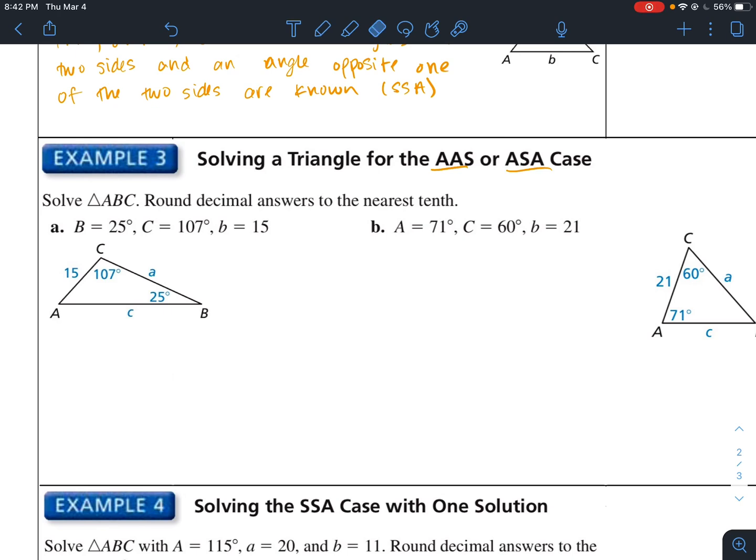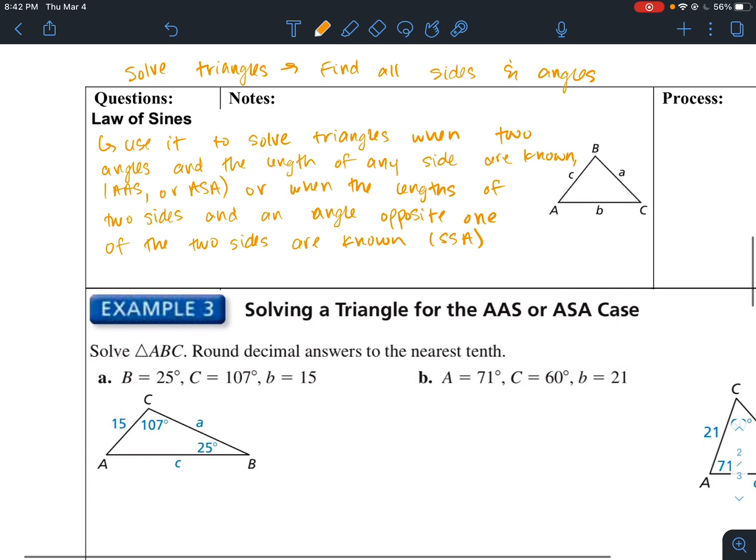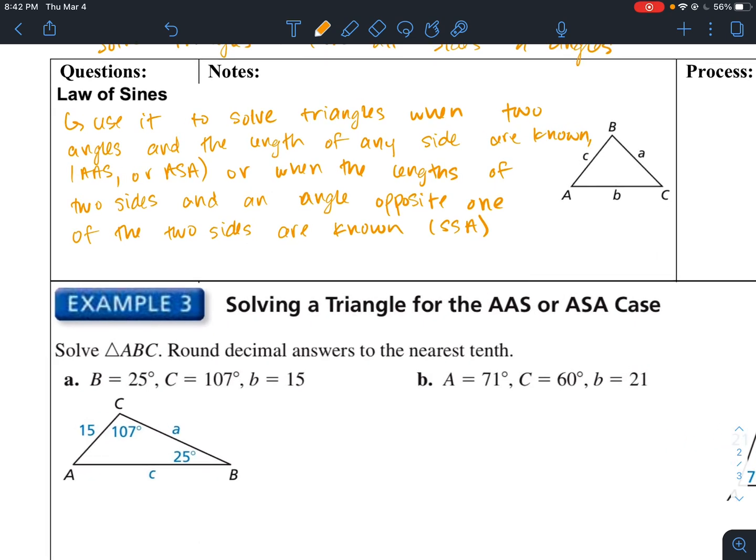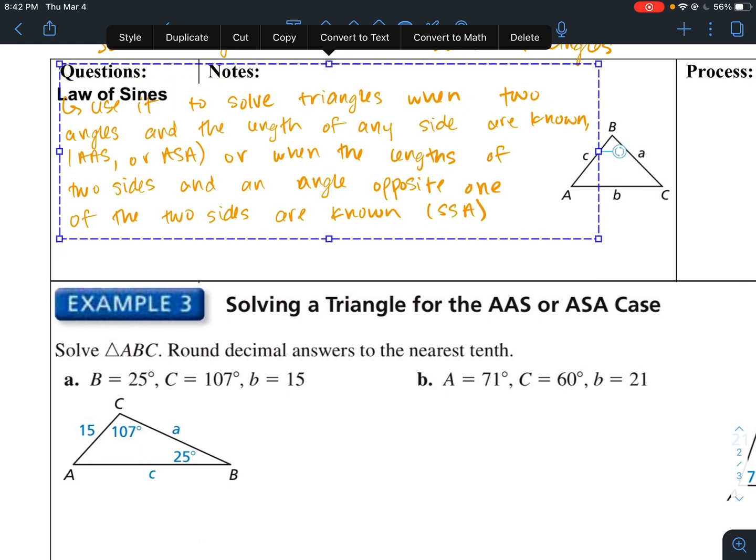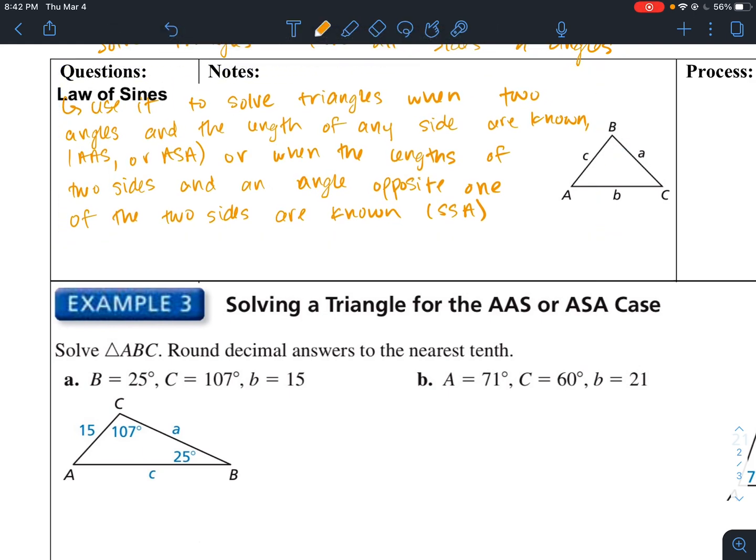Oh, I should also probably show you what the law of sines is. Let me try and make a little bit more space right here. This is the law of sines.